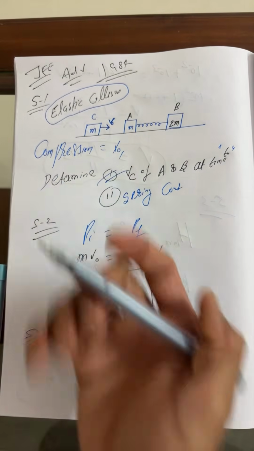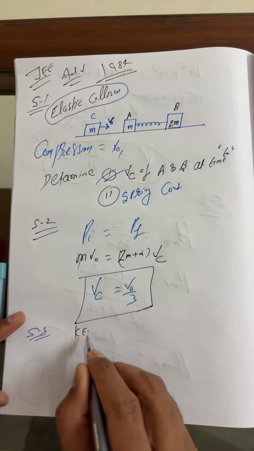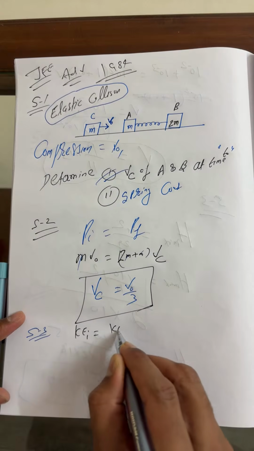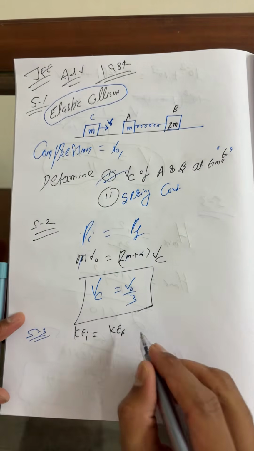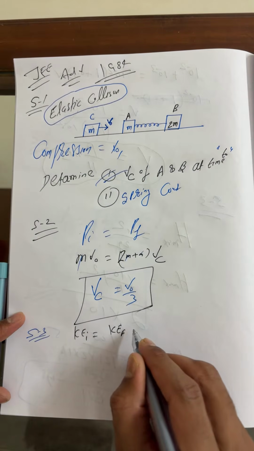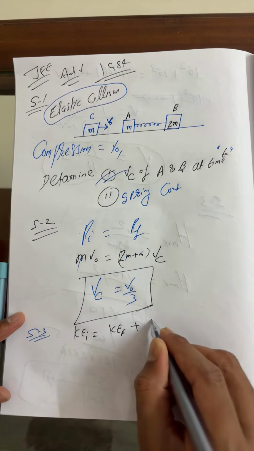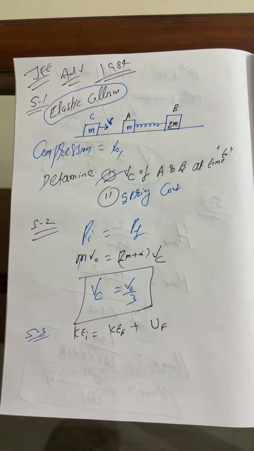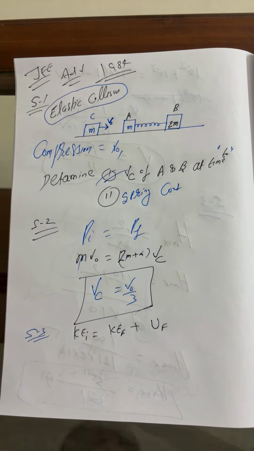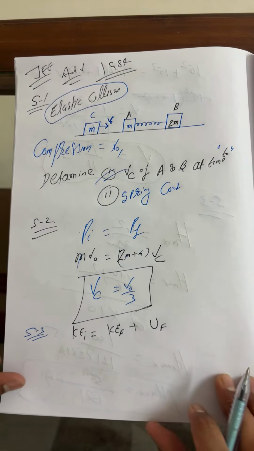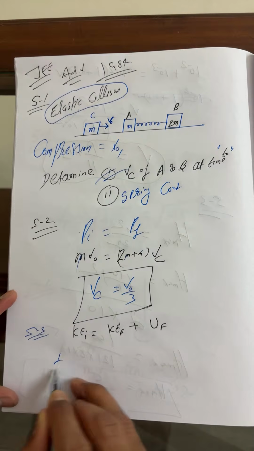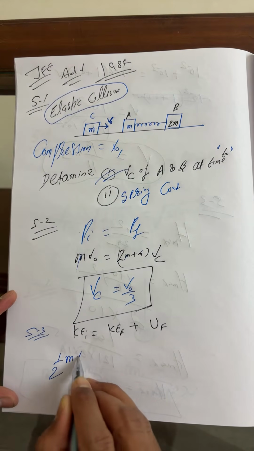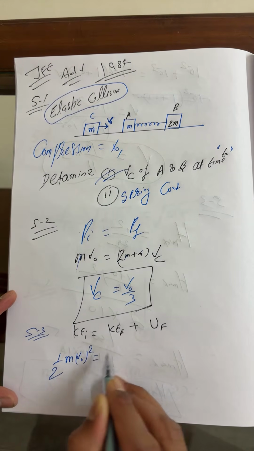We have only initial kinetic energy. On the final side, we write the kinetic energy for block M and the kinetic energy for block 2M, plus the final potential energy. Initial kinetic energy is half m v naught square.